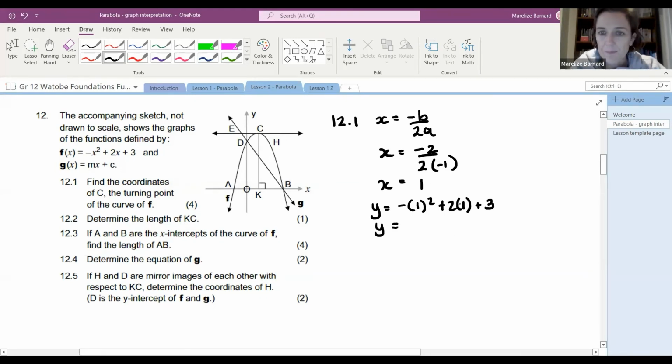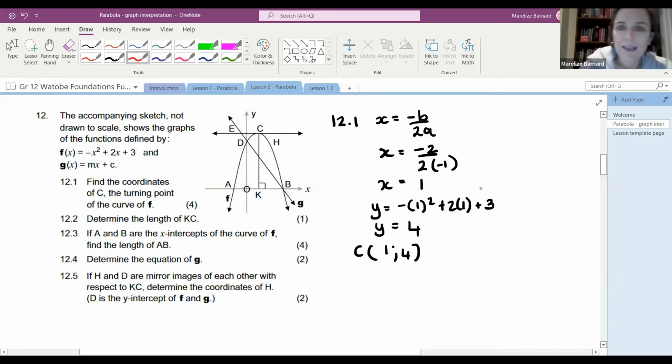Okay, so that's 5 minus 1 is 4. Wonderful. Quite a few of you got that very quickly. Well done. So C is (1; 4).